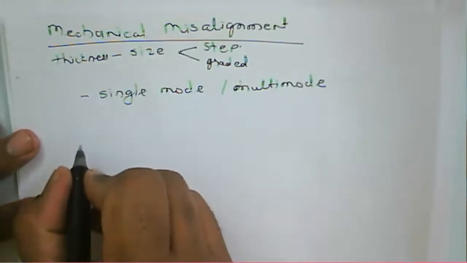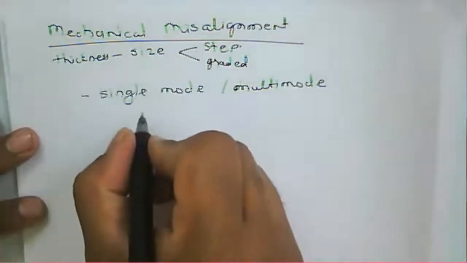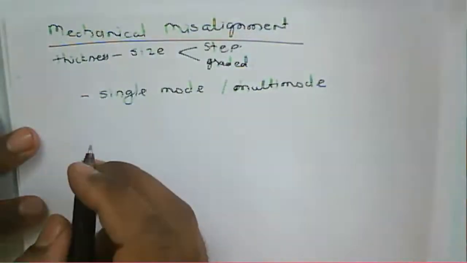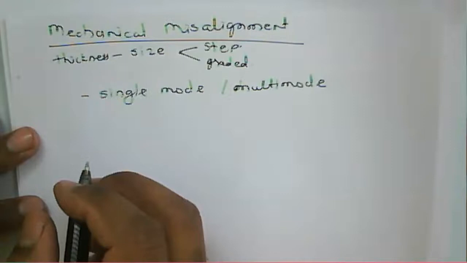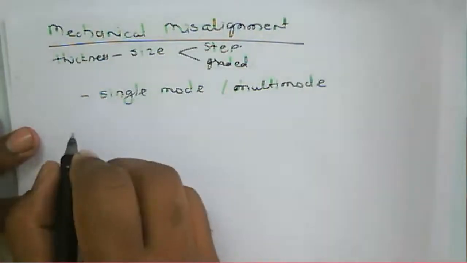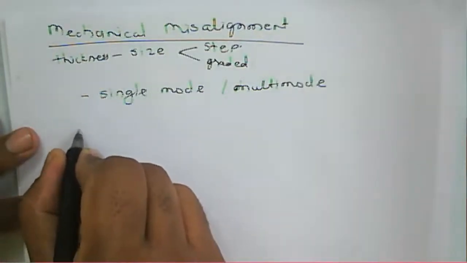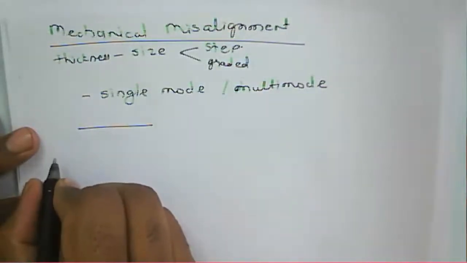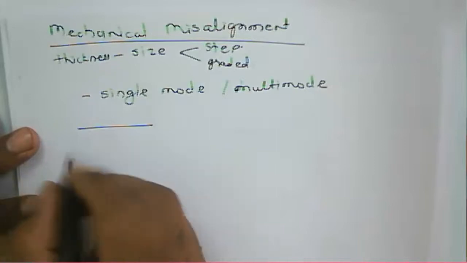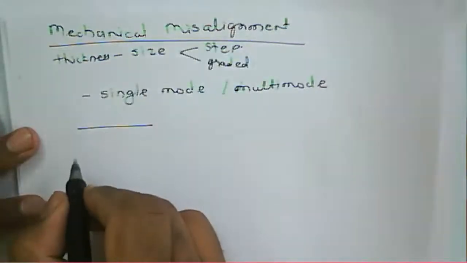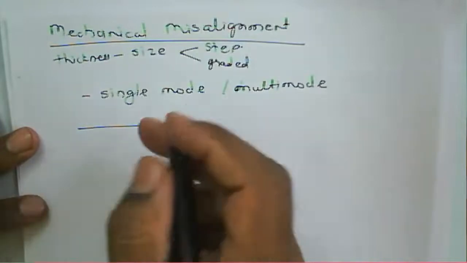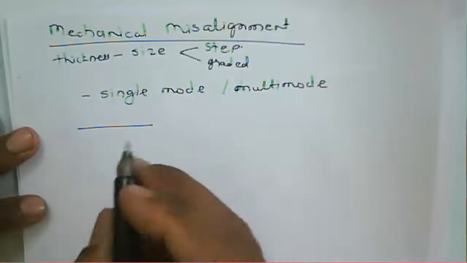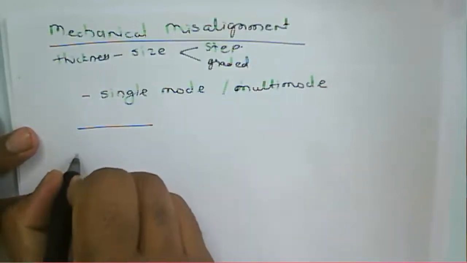Then we should know how we are connecting the fiber, the way to connect a particular fiber so that all the power is coupled. If two fibers are not able to join properly, then there may be a radiation loss, and that radiation loss is due to the mechanical misalignment.